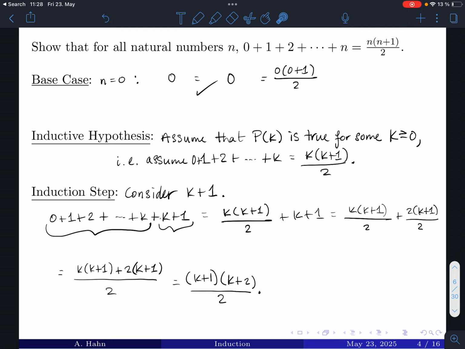Those two pieces together tell us that the predicate is true for all natural numbers n. So what we can conclude is, therefore, P of n is true for all n greater than or equal to 0.